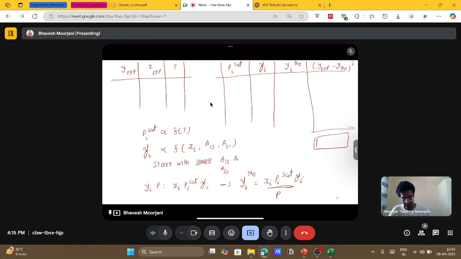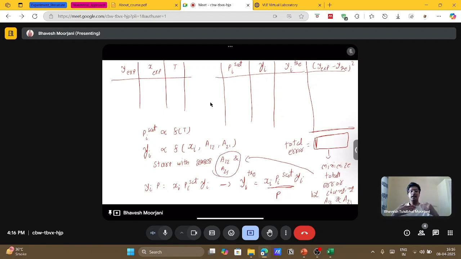You sum that error square for both components A and B. So this is our total error, and we minimize this total error by changing A12 and A21. Okay, so minimize this total error by changing A12 and A21.